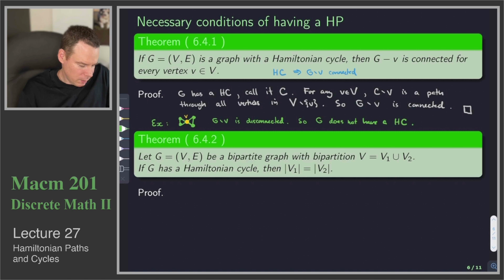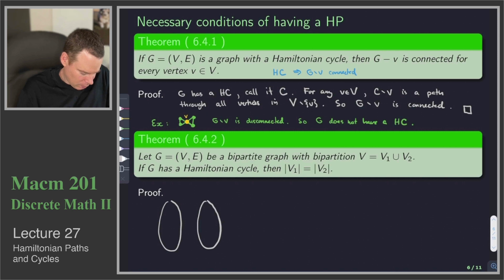How about the next necessary condition? This one says if a bipartite graph has a Hamilton cycle, then the size of the two vertex sets in the bipartition have to be the same. Why is this the case? We can get a picture first. Sometimes it helps to think in terms of a picture. So we've got our bipartite graph. We've got our vertices in one half of the bipartition.